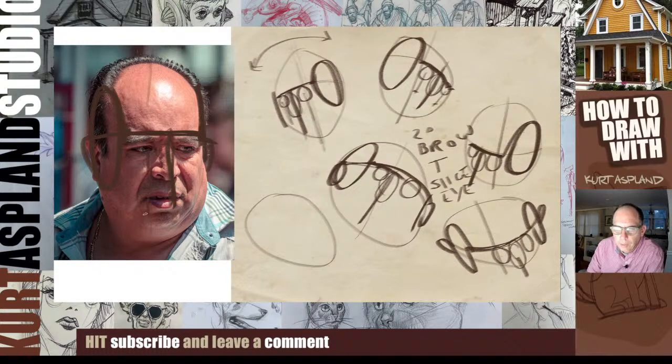If I drop a line right at his pupil, here's another one. Usually you could get the corners of the mouth, all right? So even if I just did a little smiley face on these guys, generally speaking, you can line up your mouth.